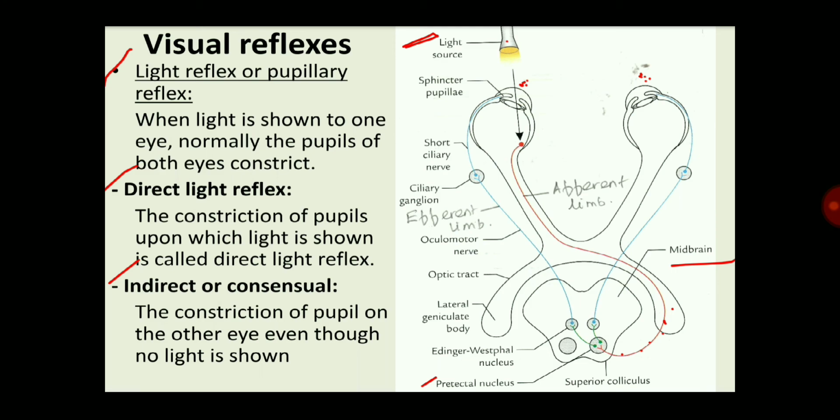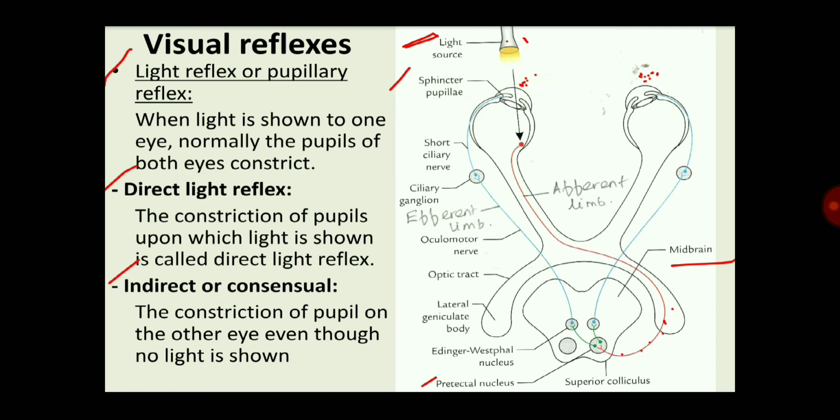So if there occurs a constriction of the left eye, even though the light is shown in the right eye, this reflex is the indirect or consensual light reflex. Now, the sphincter pupillae muscle is responsible for constriction of the pupil.